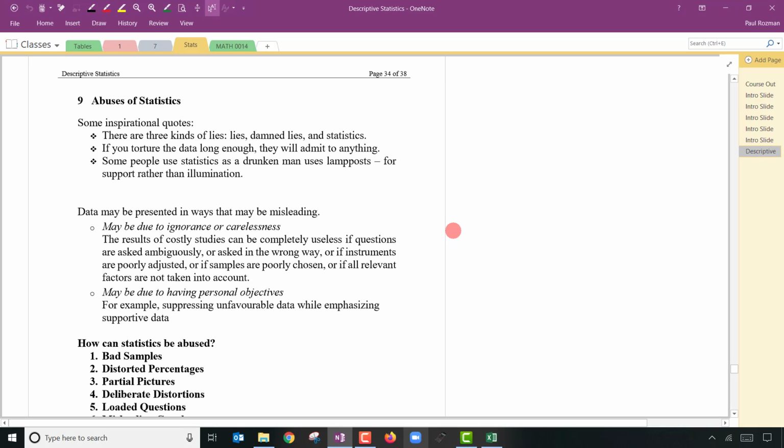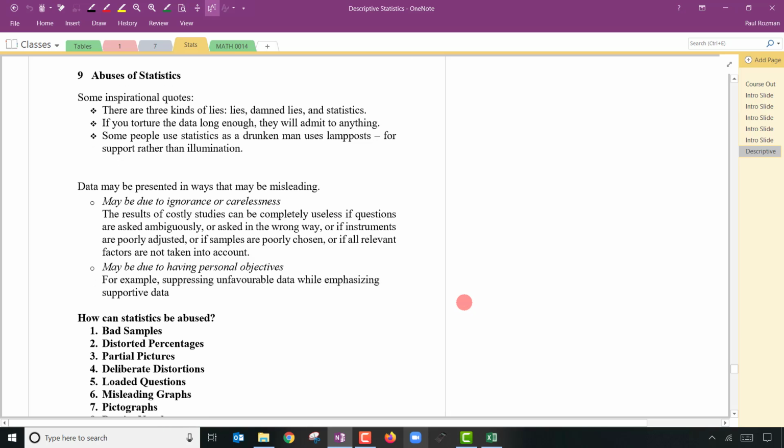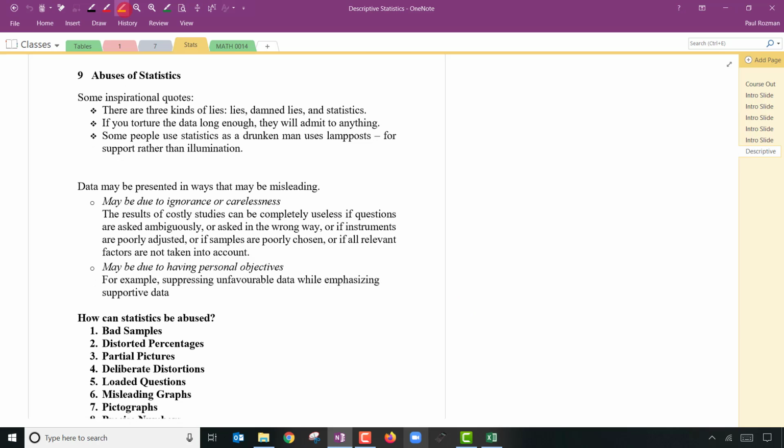Here we are, abuses of statistics. Ideally, or we hope that most abuses of statistics are just due to carelessness. People make mistakes. They don't really have a good background and they're jumping to conclusions or making poor graphs because they just don't have the background. This is something that obviously can happen.